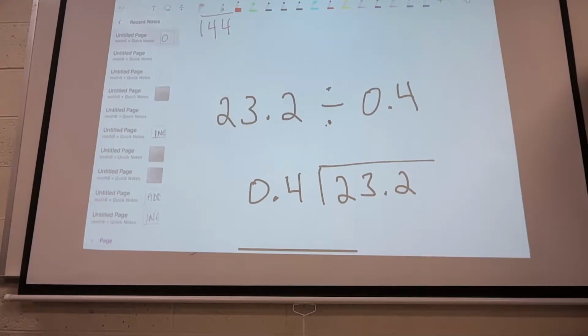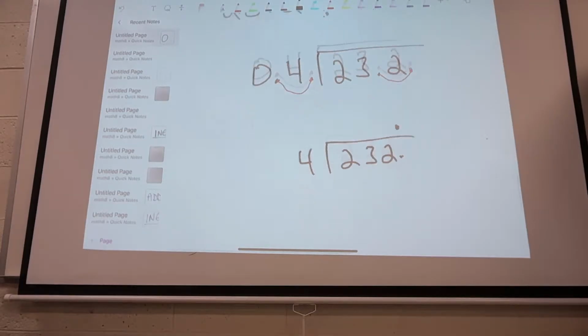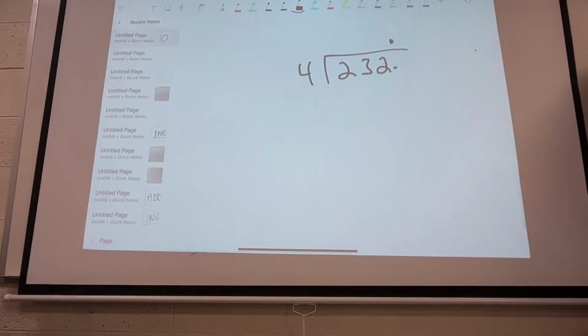Yes, the decimal. Good. Move it one on the outside. That means I move it one on the inside. Then I will rewrite it. 4 goes into 232. Can 4 go into 2? No. So 4 into 23.